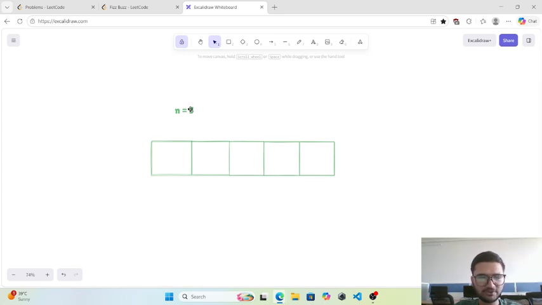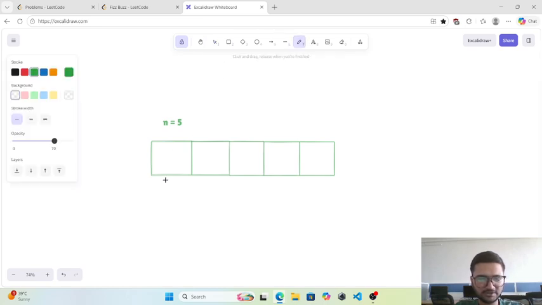First of all, when we are given n equals 5, the indices are 0, 1, 2, 3 and 4, but the index values start from 1, 2, 3, 4 and 5. We check if 1 is divisible by 3 or 5.